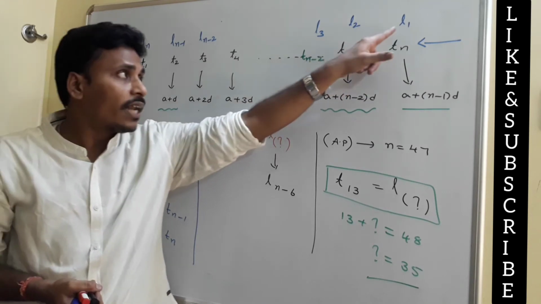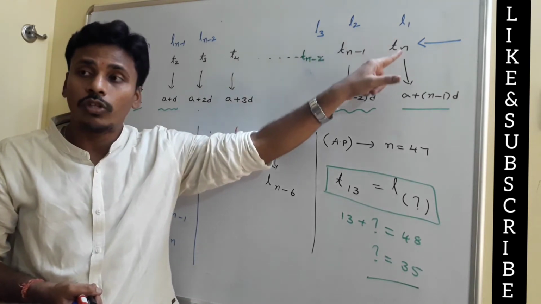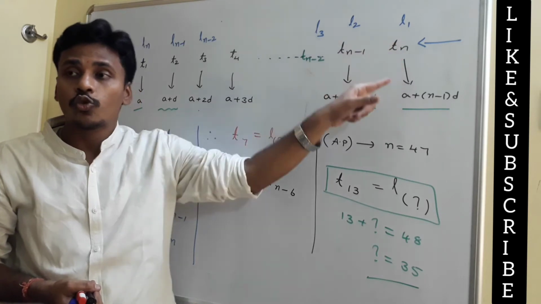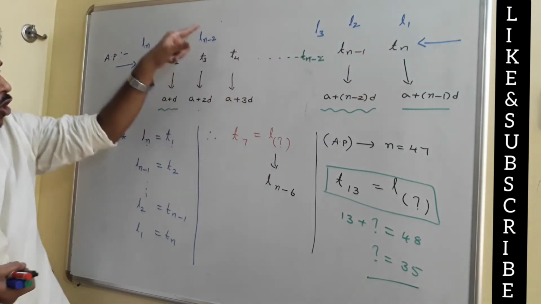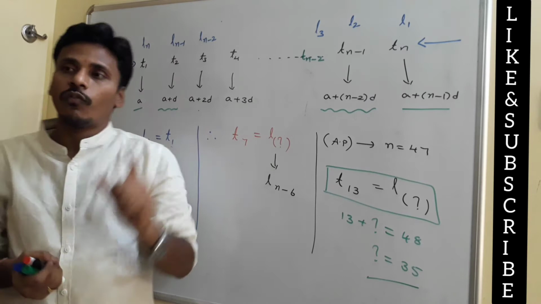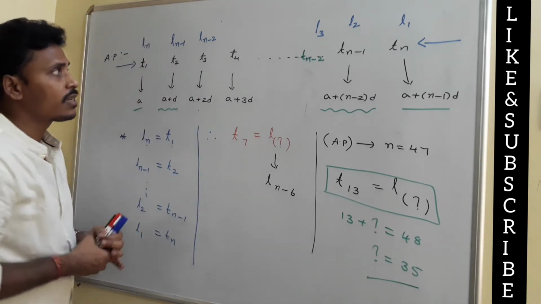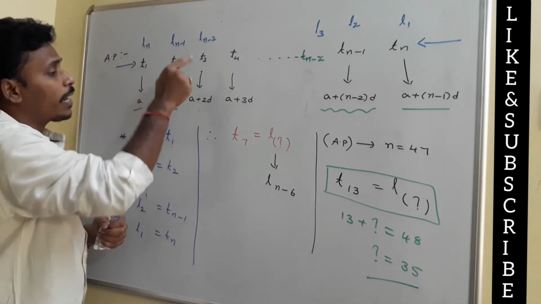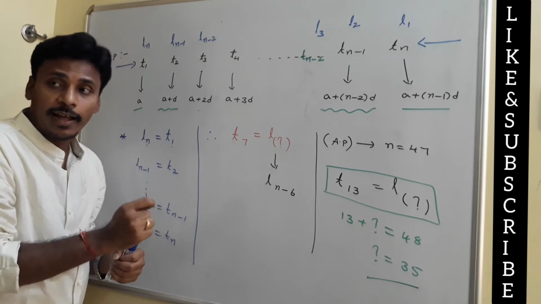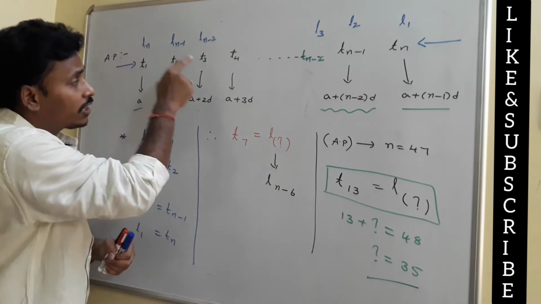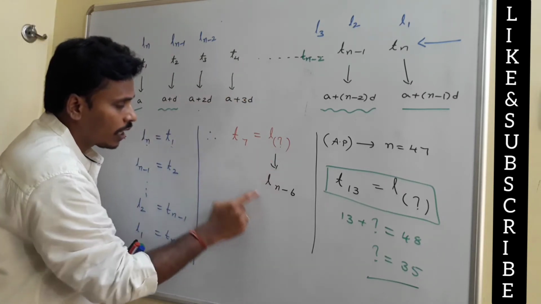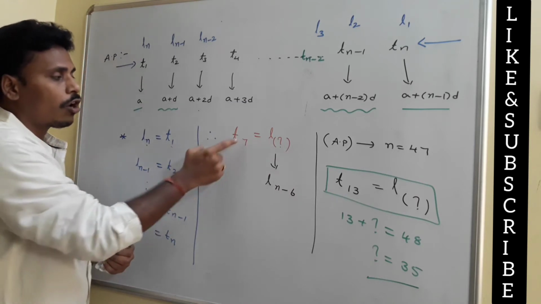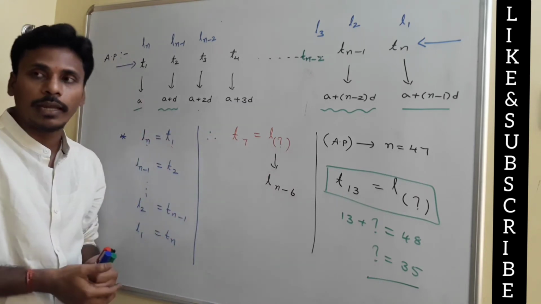And the first term from the end is equal to the nth term from the start. These two are equal. By observing all these things, one conclusion I have is that the sum of these suffixes is n plus 1. With that idea, I conclude that the 7th term from the start is equal to the n minus 6th term from the end, because if you add these two, it must become n plus 1.